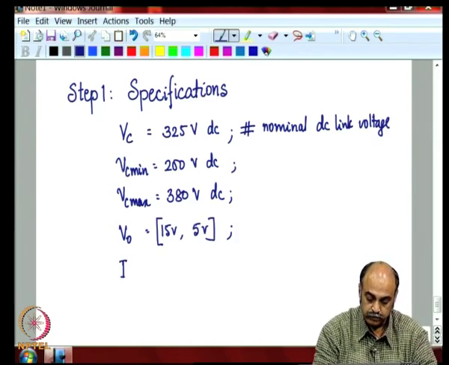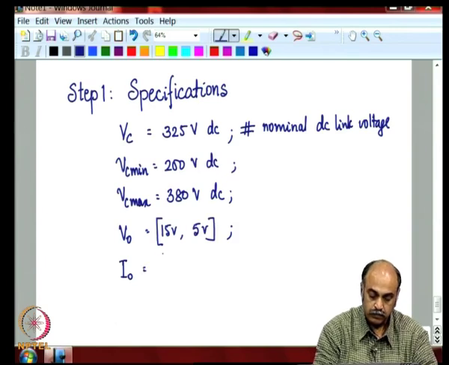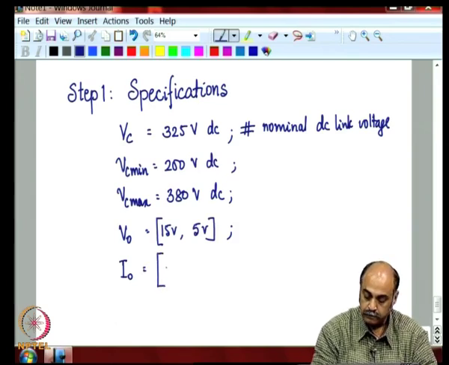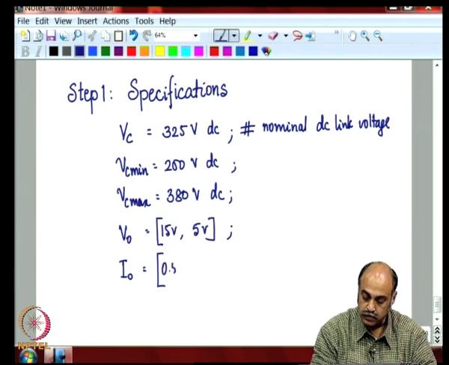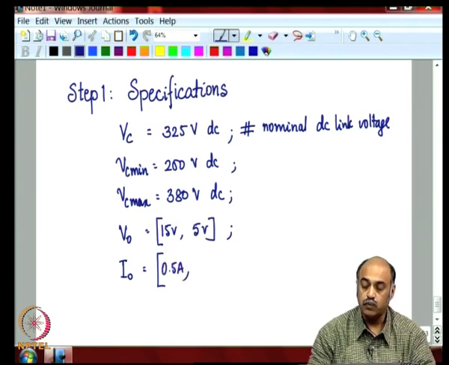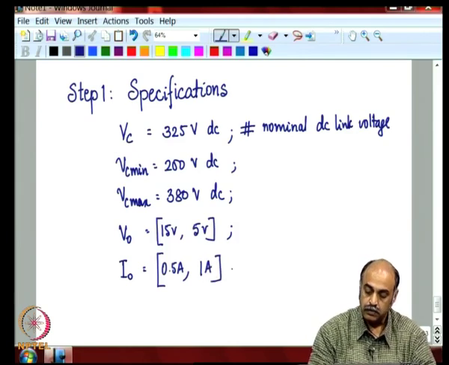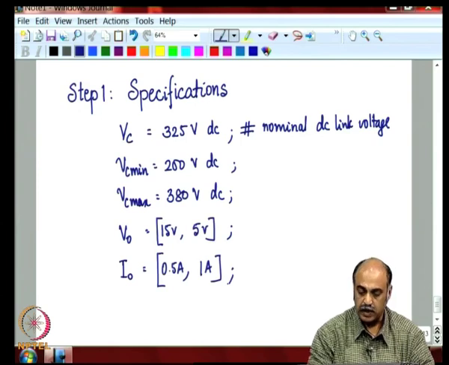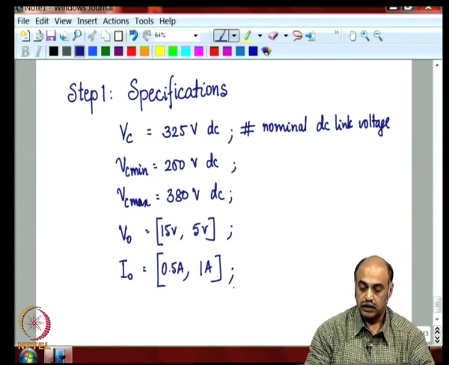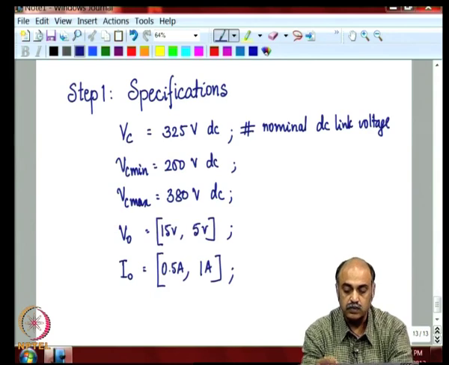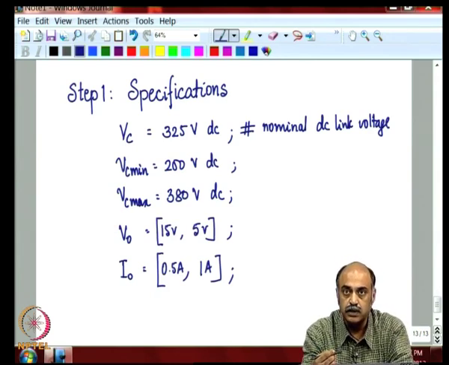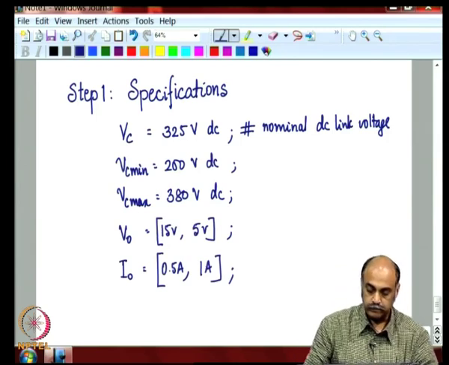Likewise, I naught, the output current. So, you may want, let us say, 0.5 amps at the 15 volts and 1 amp at the 5 volts output. I am just putting some delimiters here, but be careful, it is always better to put all these things into a program file like MATLAB or Octave and follow the program's syntax accordingly.